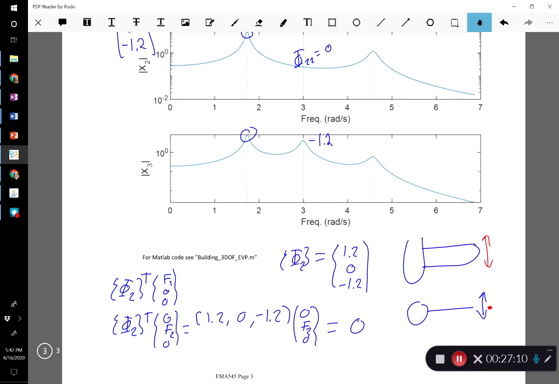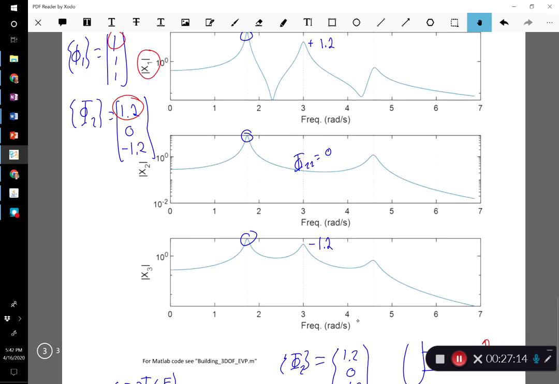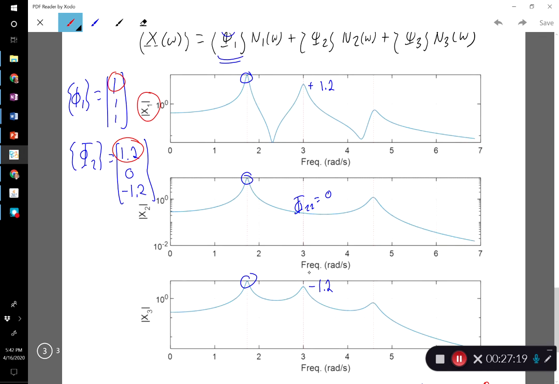So if we applied the force like that, these curves would look totally different. We would see nothing at all right here. This curve would just continue. And similarly, there'd be no response at this point either.